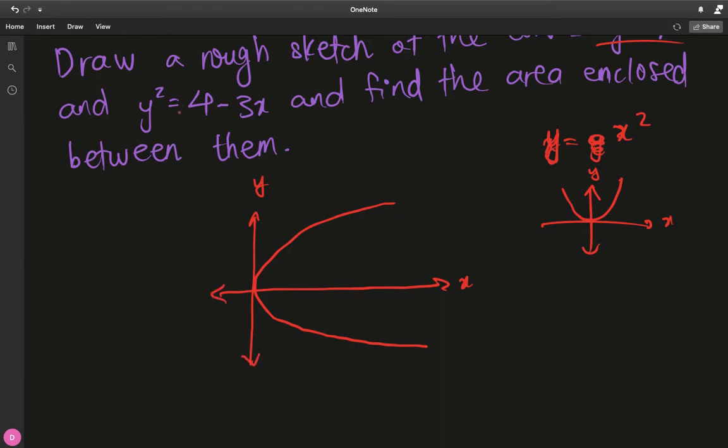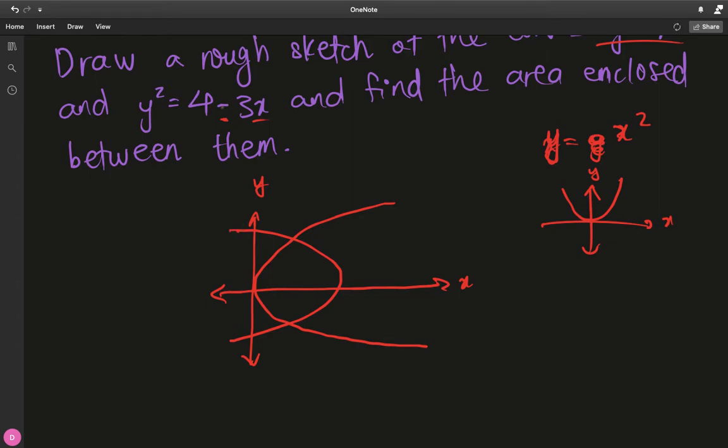And for the parabola y squared is equal to 4 minus 3x, since this x has a negative coefficient, it's going to be an inverted parabola. So it's going to be somewhat like this.